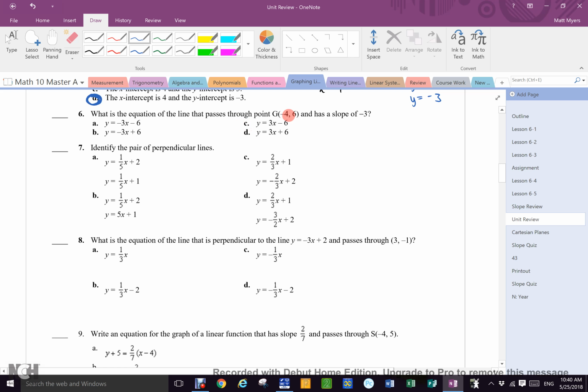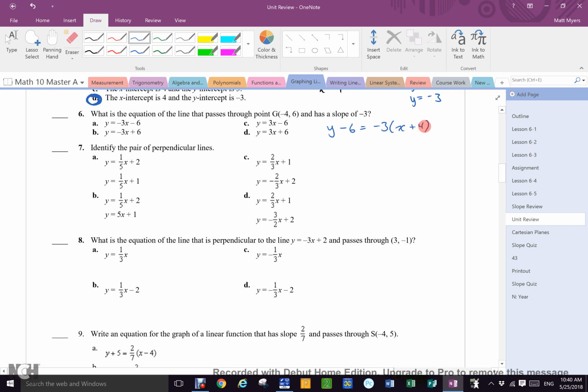It goes through that point and it has a slope of 3. What form should I use if I have a point and a slope? Point slope form, shouldn't I? Which is y minus 6 equals negative 3, x minus minus 4, which is x plus 4.